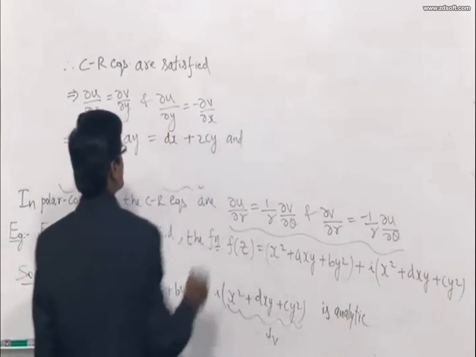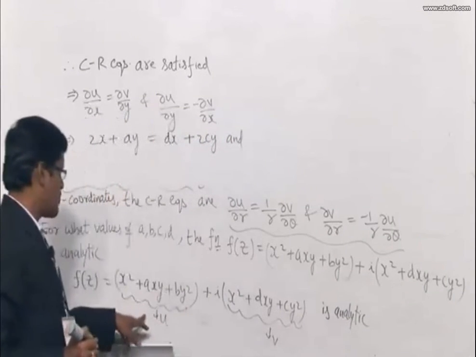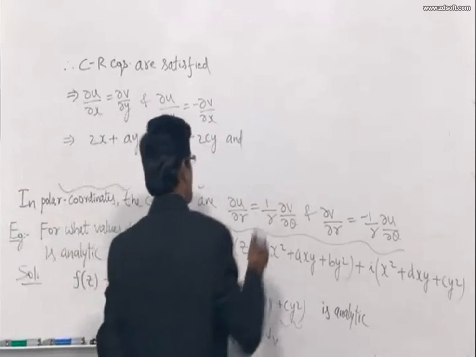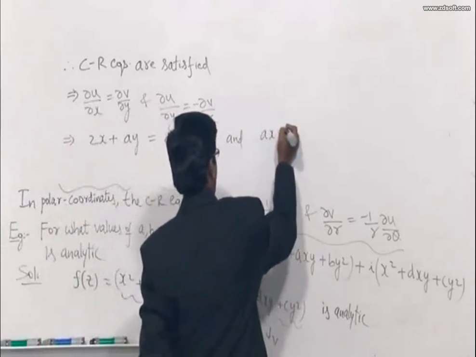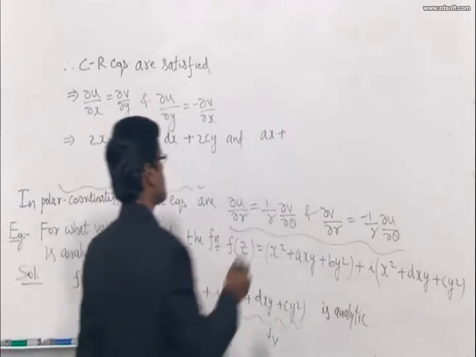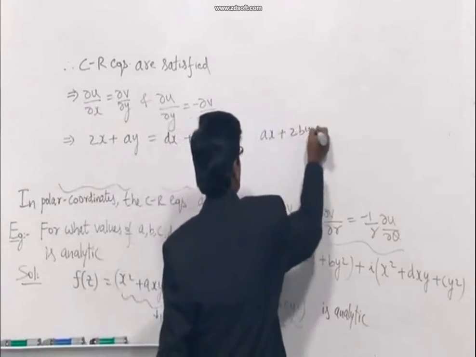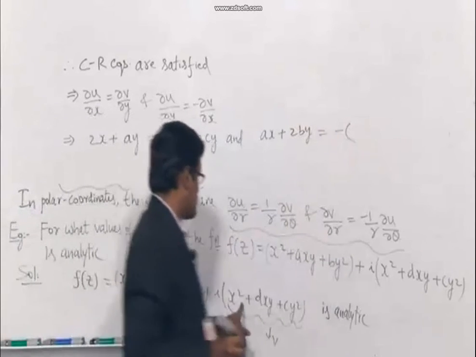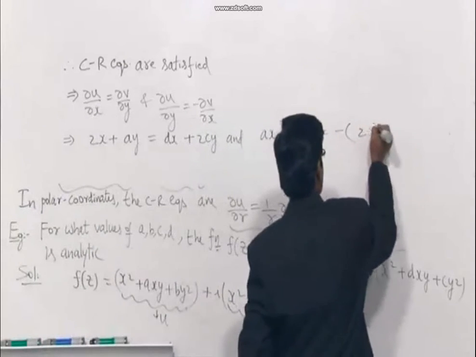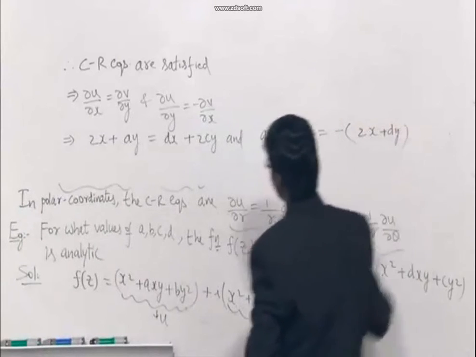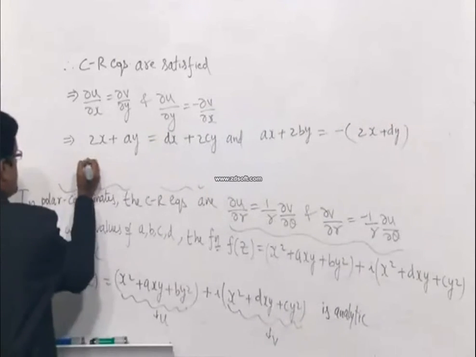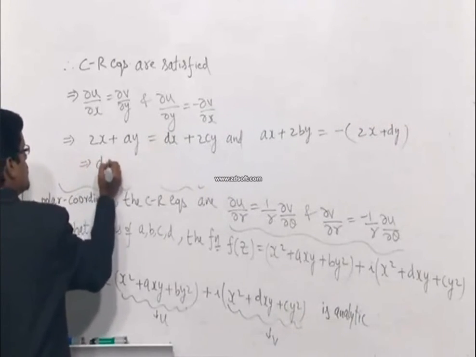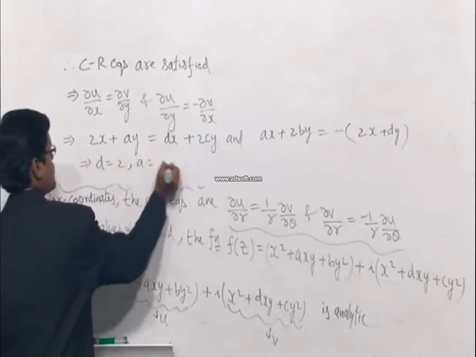On the other side, second equation, u with respect to y partially: axy derivative ax plus by square with respect to y 2by is equal to minus of v with respect to x partial derivative, so 2x plus dy. So equating like terms, which gives d is equal to 2, a is equal to 2c.